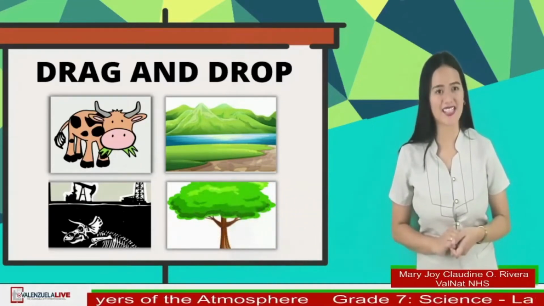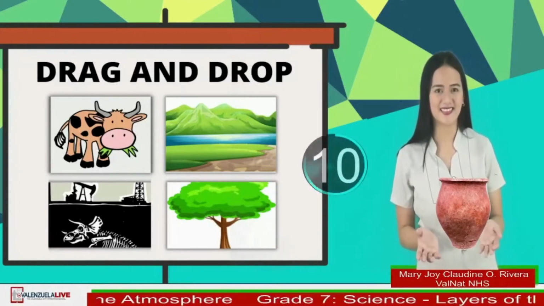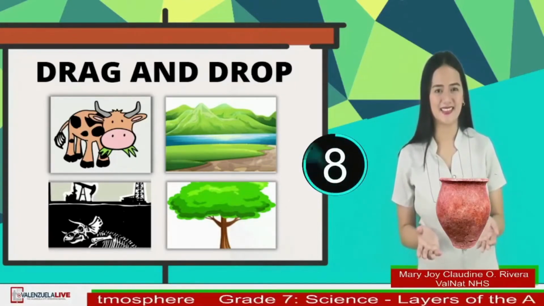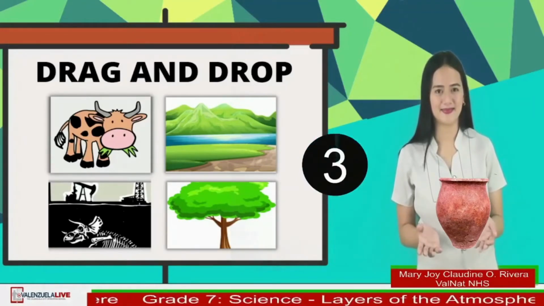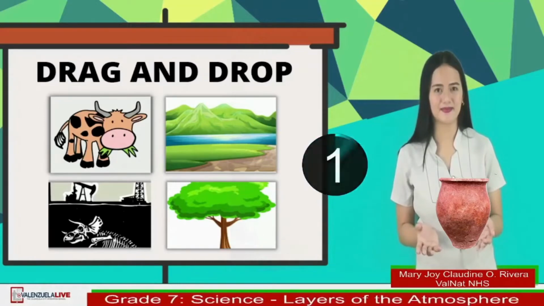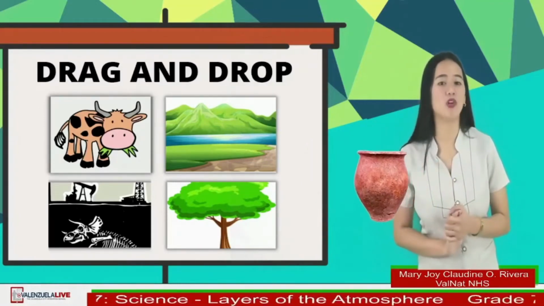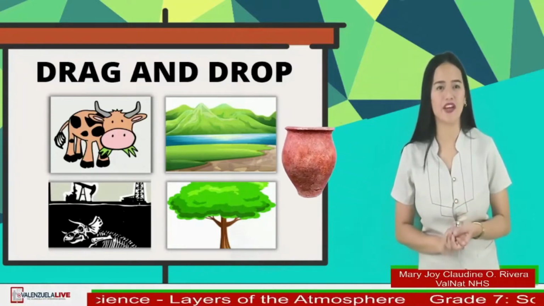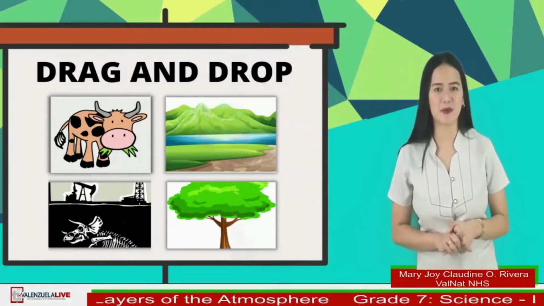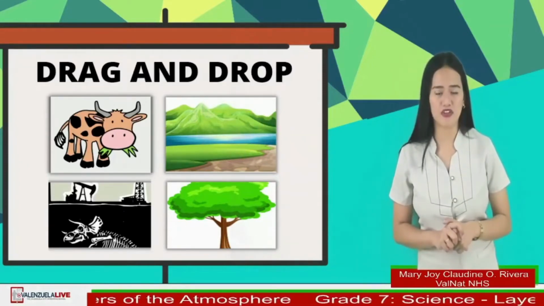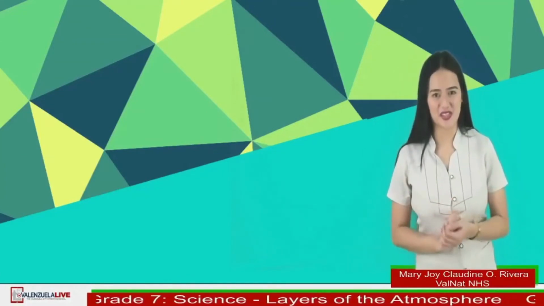And for the last item, pottery. Outstanding! Pottery is clay that is molded, dried, and fired into a decorative object. Clay is a natural product dug from the earth or from the mountain. Well done, grade 7 students!